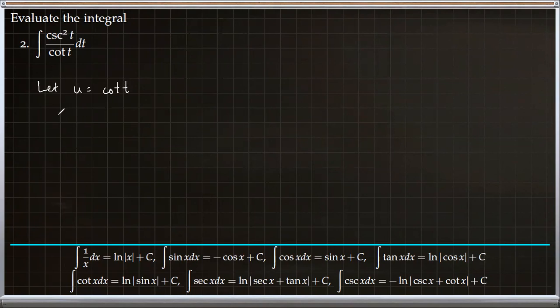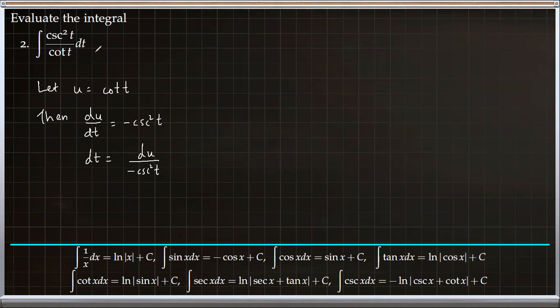Then we want to express dt in terms of du. That means we need to find du by dt. The derivative of cotangent of t is negative cosecant square of t. That means dt is going to be simply du divided by negative cosecant square of t.